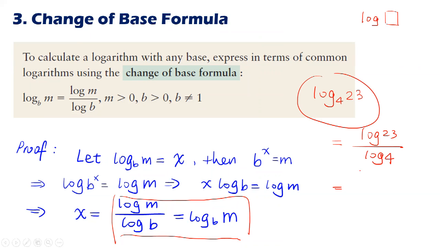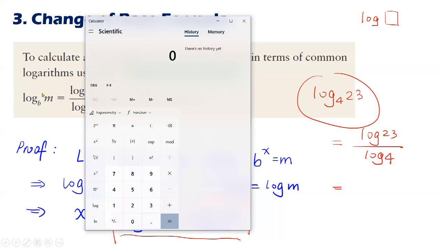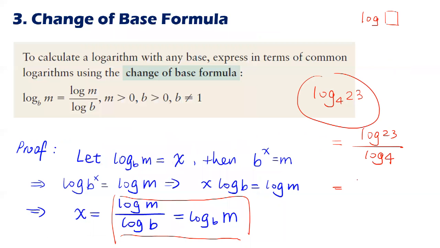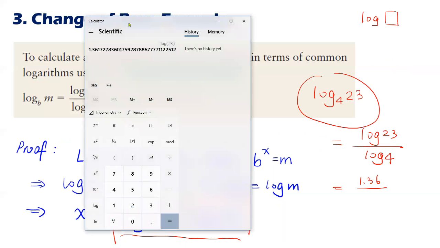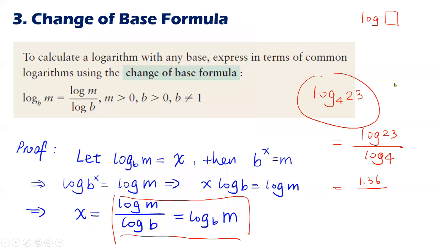And then we can evaluate log 23 first, which is about 1.36. And then we can evaluate log 4, which is about 0.60.